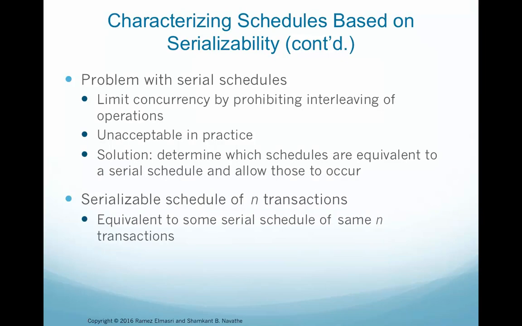Now the problem with serial schedules is that there is a limit on concurrency, because the moment there is interleaving, there's only one transaction that's being executed at the same time, so that's limiting in a lot of ways, and it could slow down the performance as well, and that's the reason in most cases this is unacceptable in practice.